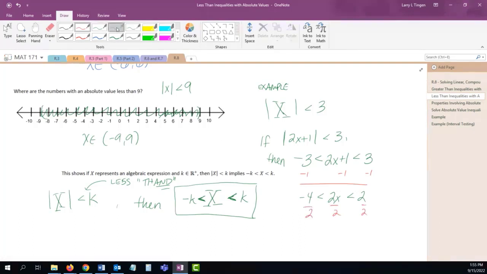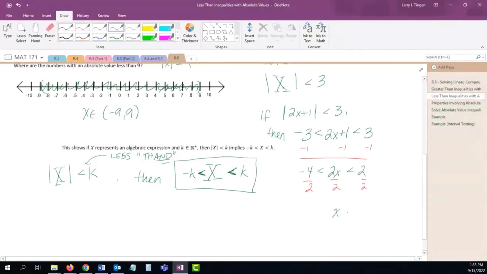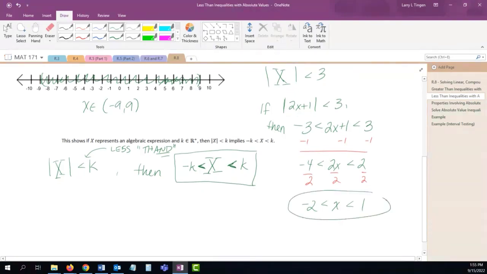Did not divide by a negative, so all my inequalities stay the same direction. x less than 2 divided by 2 is 1. Negative 4 divided by 2 is negative 2. There's my inequality. And if I want to write that in interval notation, I start at negative 2, I go to 1, and then I do not include either.